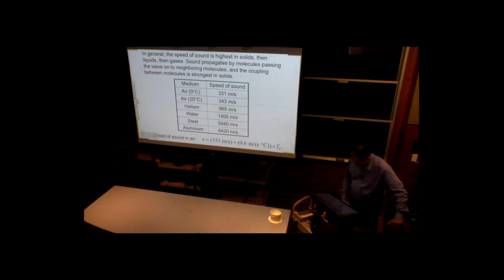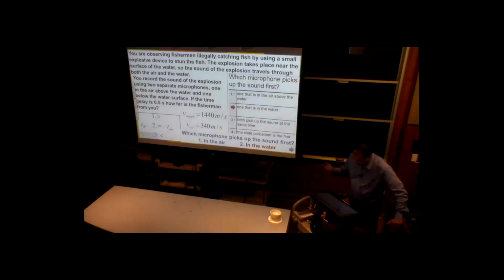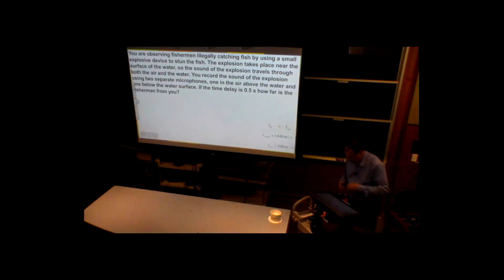And in this situation, we can actually find the distance from the explosion because we can measure the time difference between the sound wave approaching the microphone in water and the sound wave approaching in air. That's actually how people can measure distances. So what do we do?